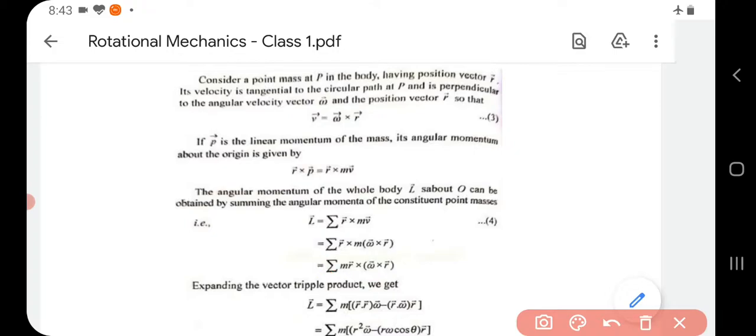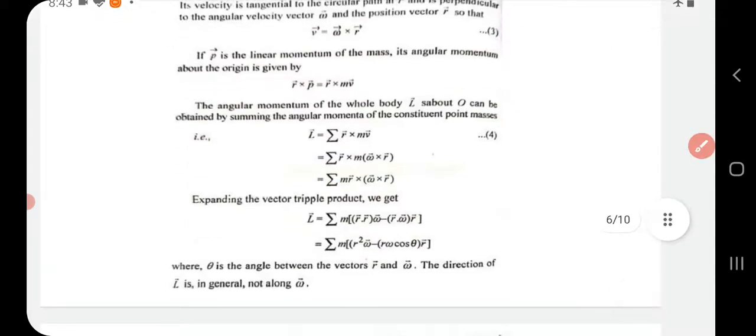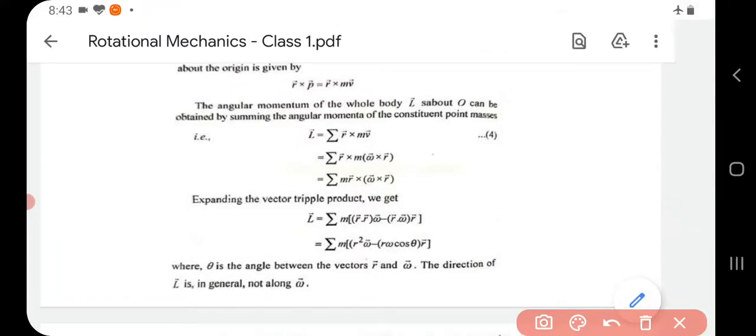Now taking the vector triple product, sigma m is kept as such, r cross omega cross r. This can be written in this form by applying the vector triple product law, that is r dot r omega minus r dot omega r.